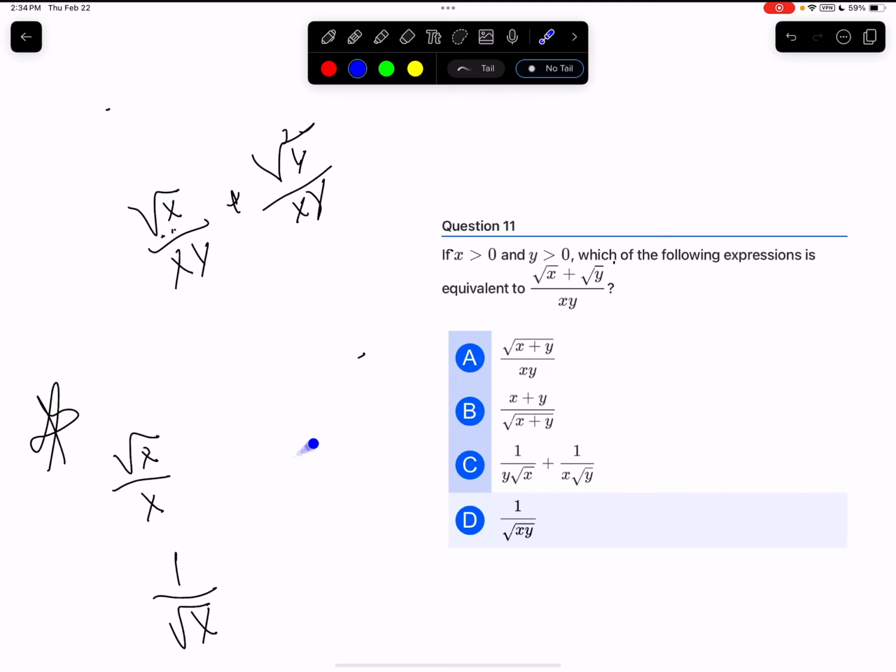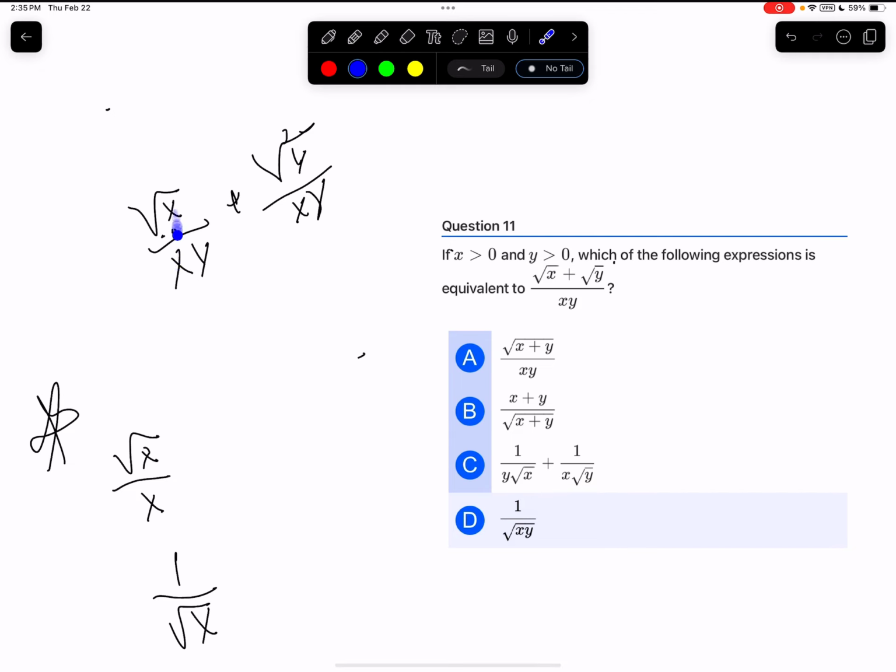Which makes you be able to change this a little bit. So I'm going to change this one and this one using this information here. Square root of something, anything, over the same thing is the same thing as 1 over the square root of the thing, okay? Don't know if you're going to memorize that or not. Probably not, but I'm just going to give you the logic of why this is what it is.